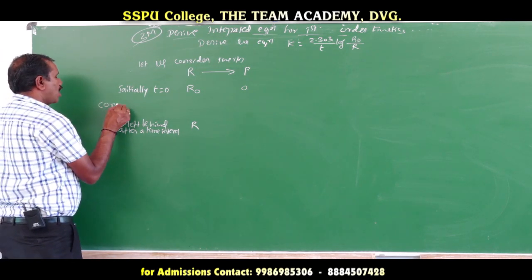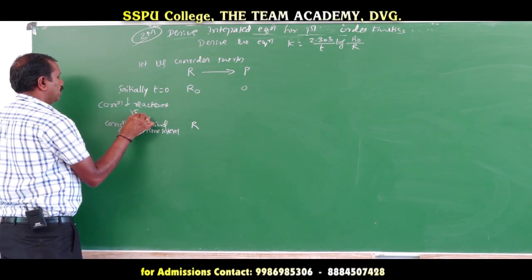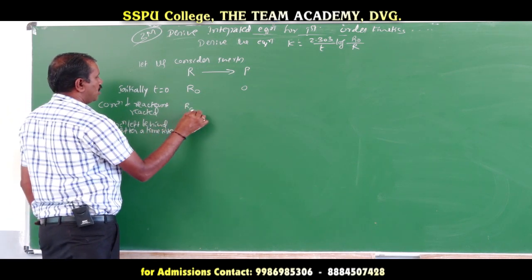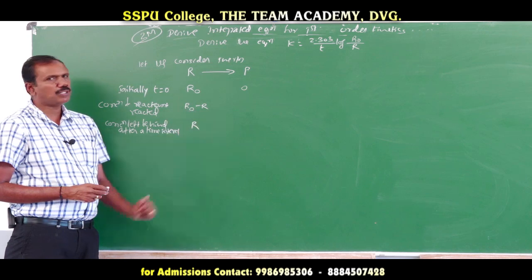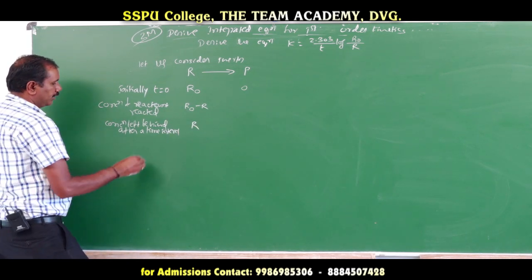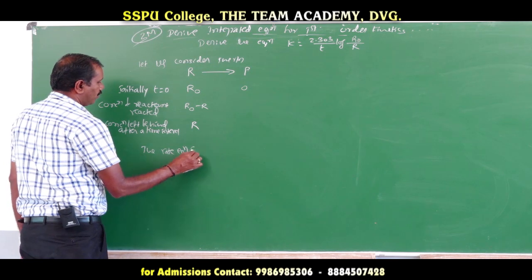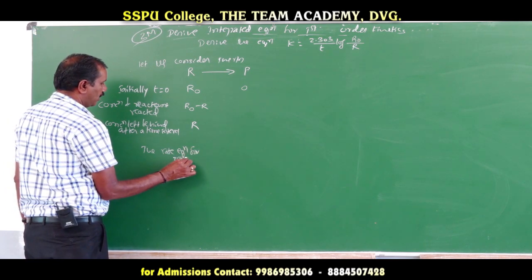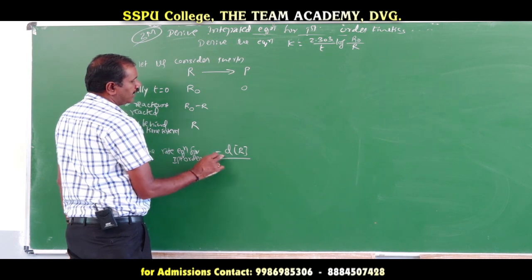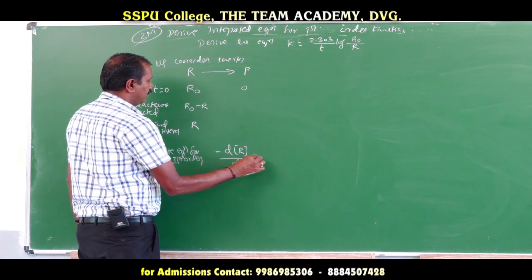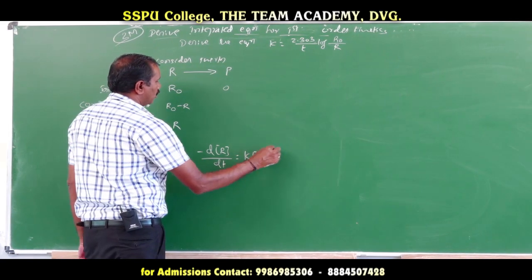The concentration of reactant reacted is R naught minus R. Initial concentration is R naught, left behind is R, therefore the reacted becomes R naught minus R. Then the rate equation for first order is minus dR by dt, the change in concentration of reactant R divided by dt, equals k into R to the power of 1.